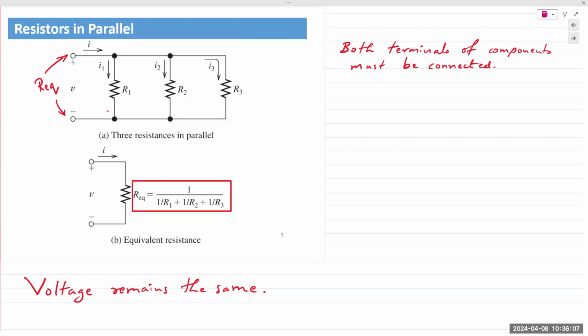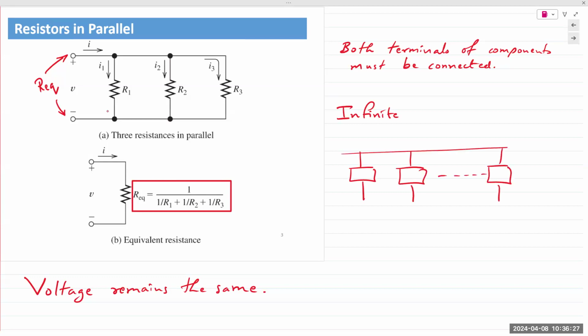You can have an infinite number of components in parallel. It's still the same parallel connection.